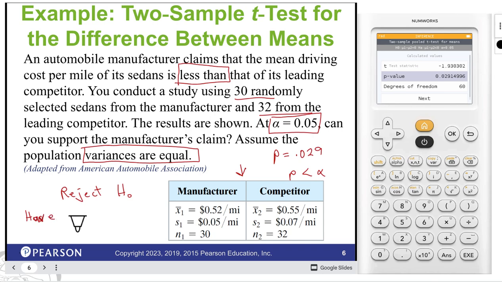We have enough evidence at this significance level to support the claim, and the claim supported is that its cost per mile is less than.